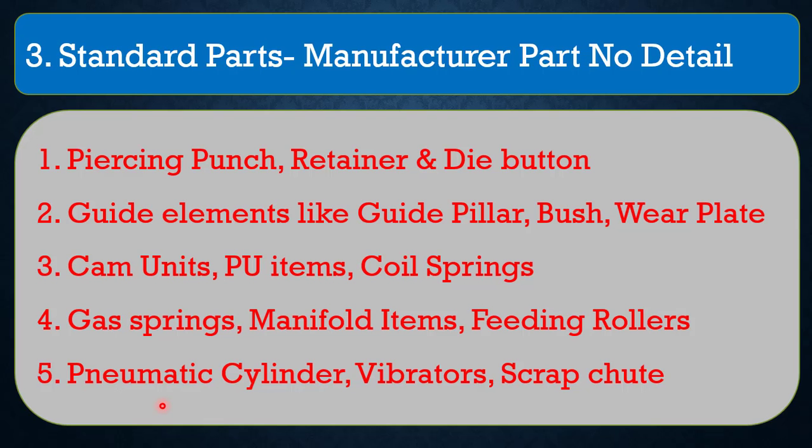Number 3, standard parts along with the manufacturer part number details, which are standard piercing punch, retainers and die button. Standard guide elements like guide pillar, guide bush, wear plate. Standard cam units, PU items, coil springs, gas springs, manifold items, feeding rollers, and pneumatic cylinder, vibrators and scrap tubes.